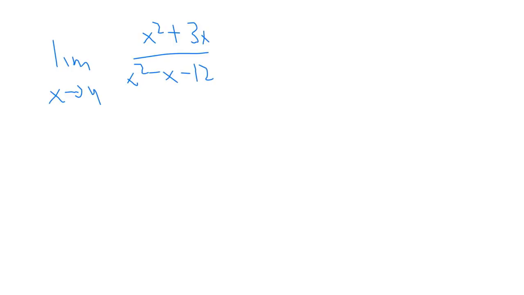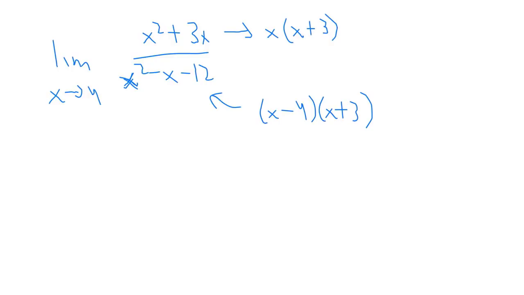The first thing I do, especially when I see polynomials, is try to factor. If you factor it out, you'll get x minus 4 and x plus 3. You can also factor out an x on the numerator, giving x times x plus 3.